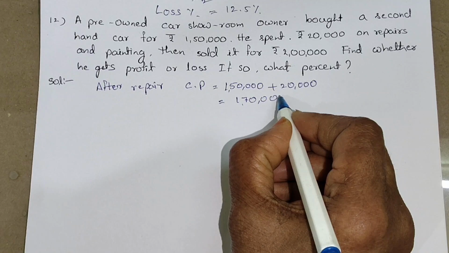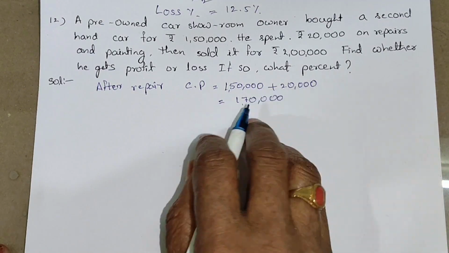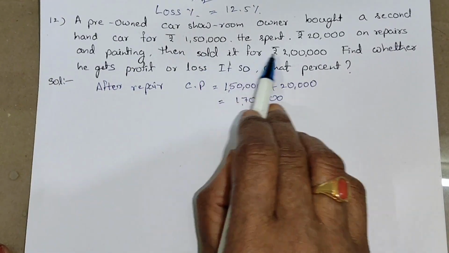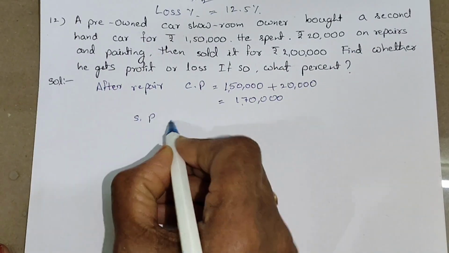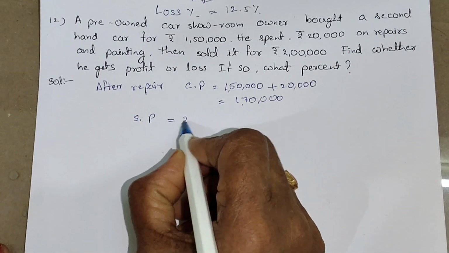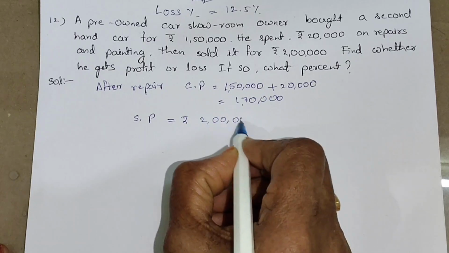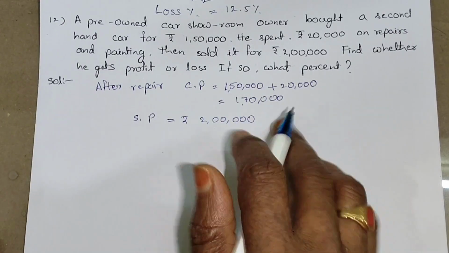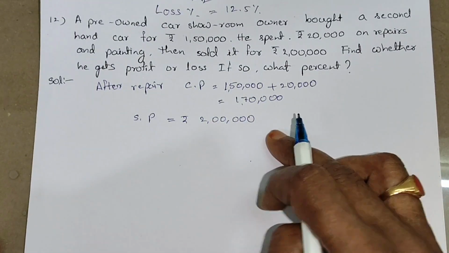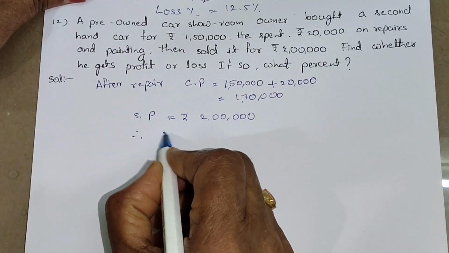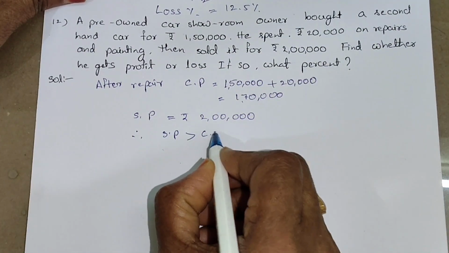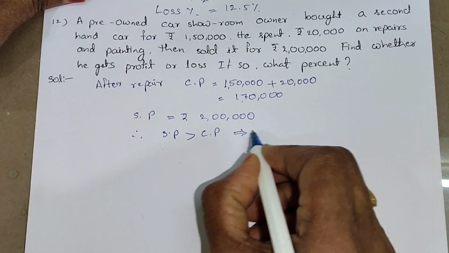So final cost of price is 1,70,000. Now sold it for 2 lakhs. So your selling price is equal to 2 lakhs. Now compare cost of price and selling price. Here selling price is more, so profit. Selling price is greater than cost of price.